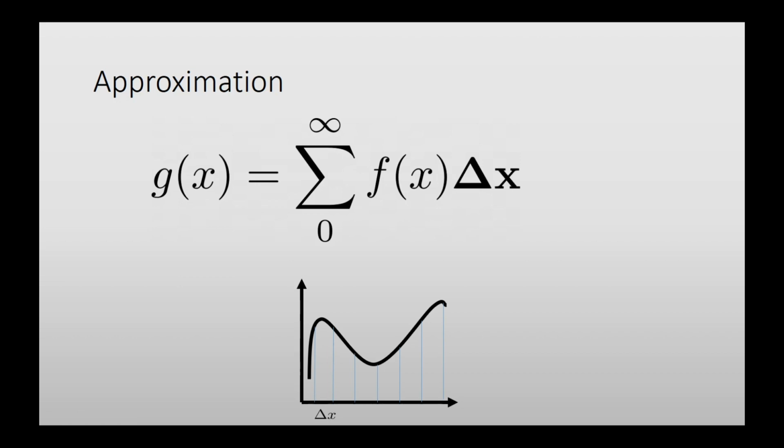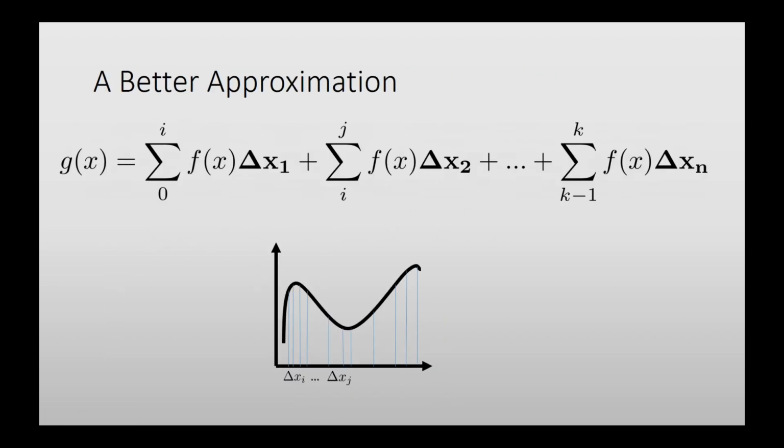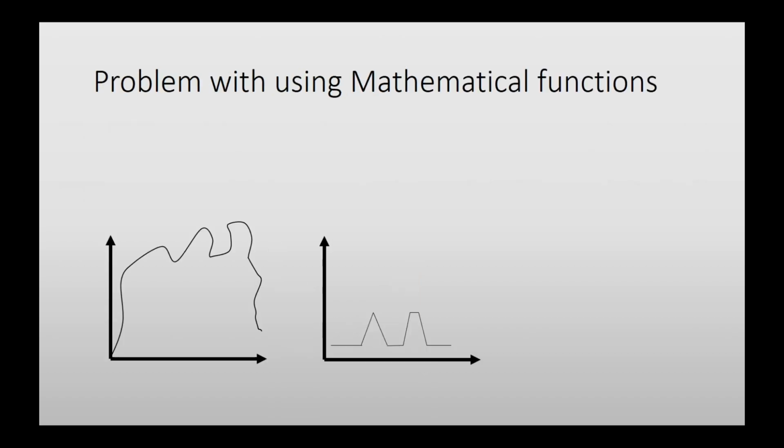We could find the value of that function at specific intervals and plug that directly into our computer, because for some functions or shapes or problems it's very difficult to find a mathematical function.